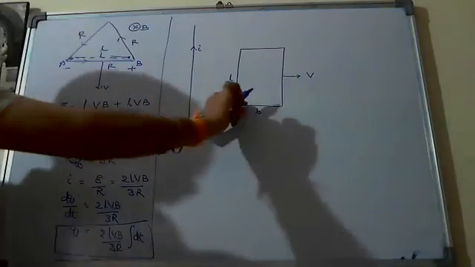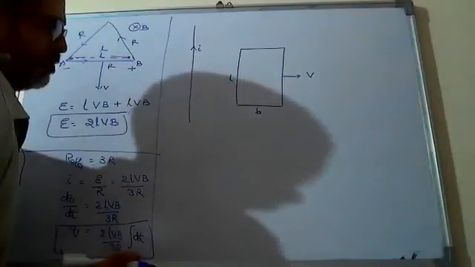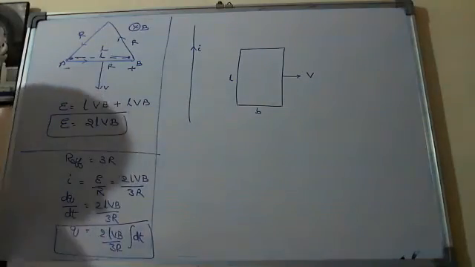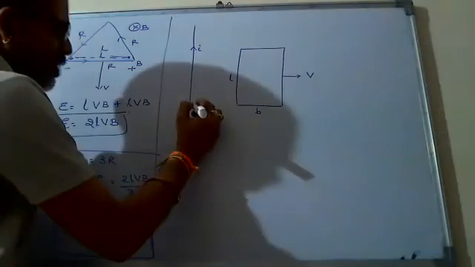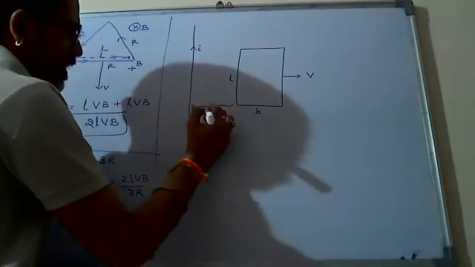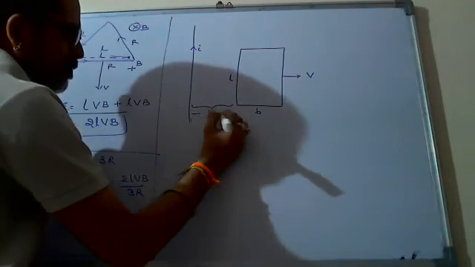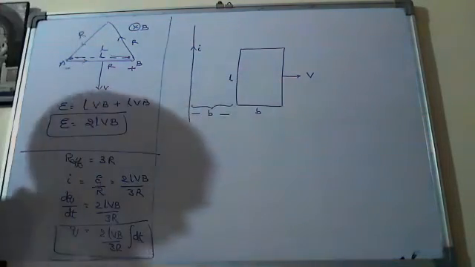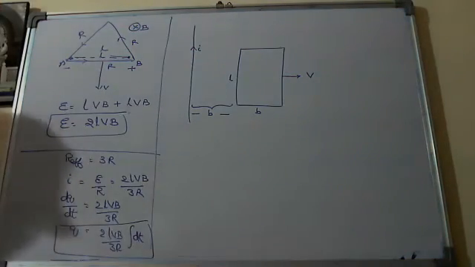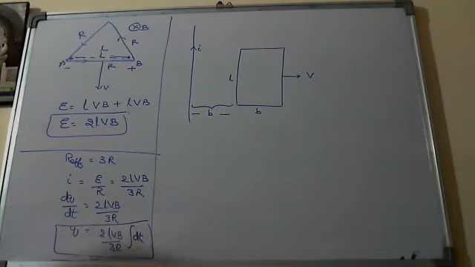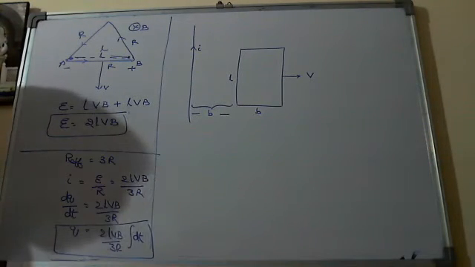Neglect the thickness of all sides. Right? In this case, at an instant, if it is at a distance of B from the conductor, what will be the total EMF induced in the circuit?